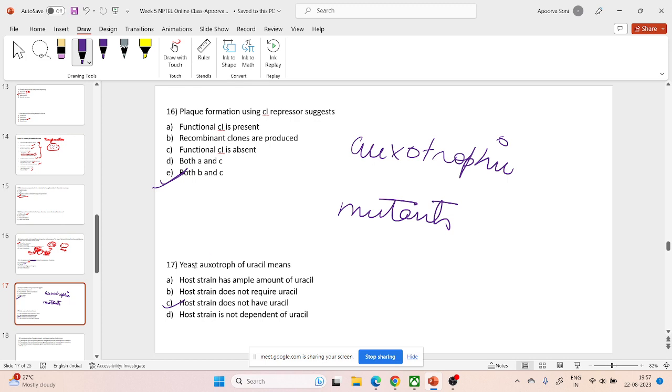So when I say it is a yeast auxotroph of uracil, that means uracil is not present. Suppose I take any other gene, yeast auxotroph of TRP, tryptophan, that means tryptophan is not present. So auxotroph of a particular gene means that particular gene is absent in the host strain. So the answer is C.